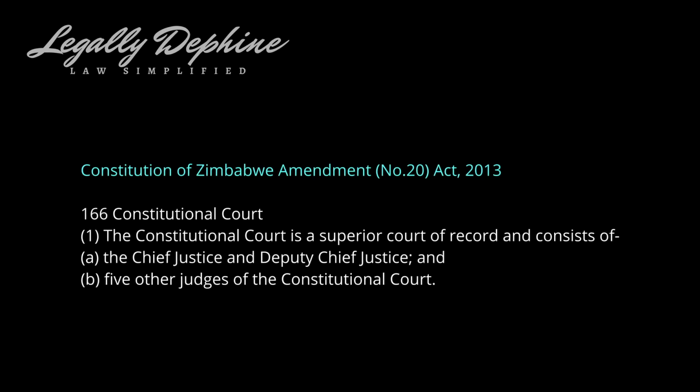The composition of the Constitutional Court is specified in Section 166, subsection 1 of the Constitution. Section 166, subsection 1 reads, "The Constitutional Court is a superior court of record and consists of the Chief Justice and the Deputy Chief Justice and 5 other judges of the Constitutional Court."